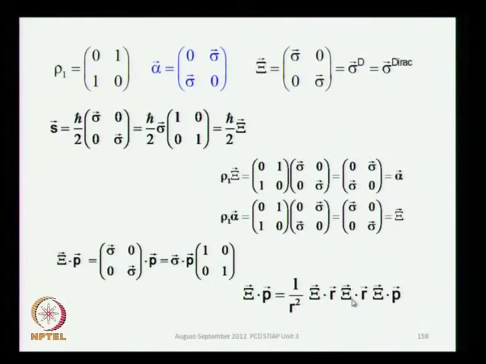So sigma dot r over r squared is the square of the projection of sigma along some arbitrary direction, and that sigma squared along any direction is equal to 1, as we know very well from our experience with the Pauli sigma.